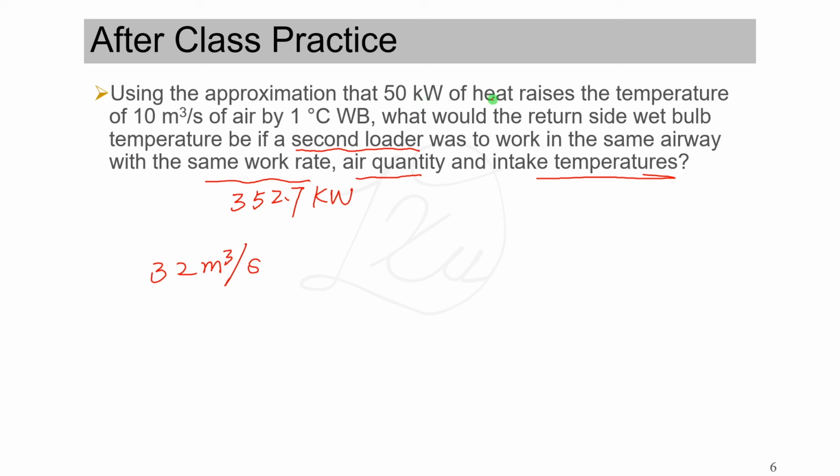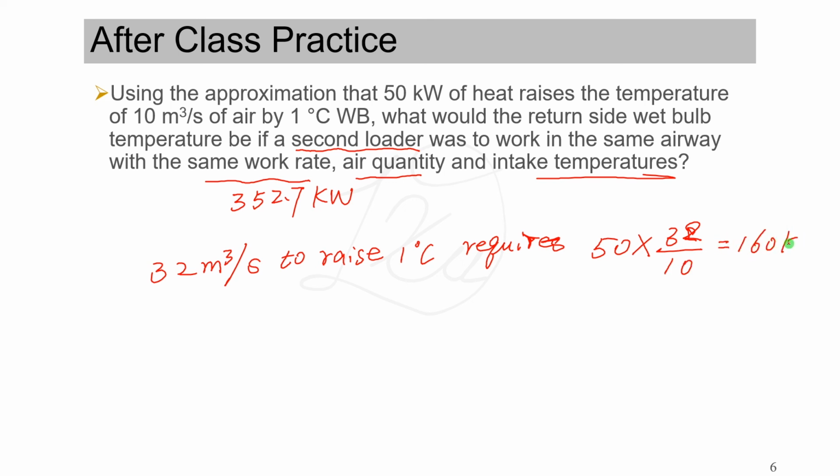50 kilowatt of heat can raise the temperature of 10 cubic meter per second of air by 1 degree of wet bulb temperature. For 32 cubic meter per second of air to rise 1 degree, it requires 50 times 32 divided by 10, which equals 160 kilowatts.